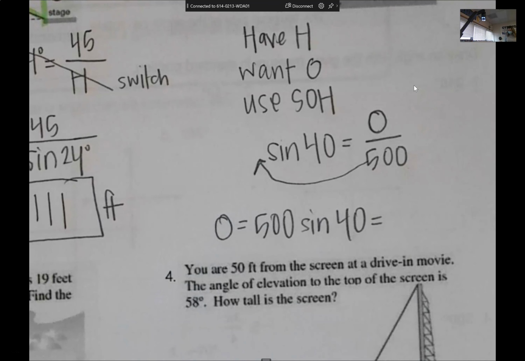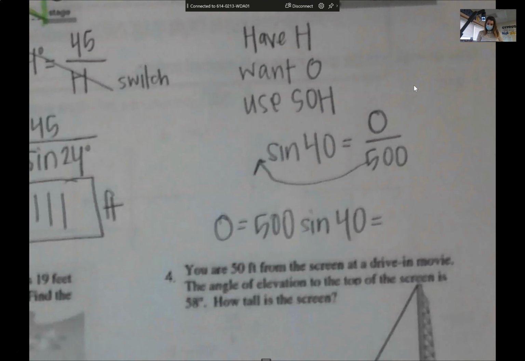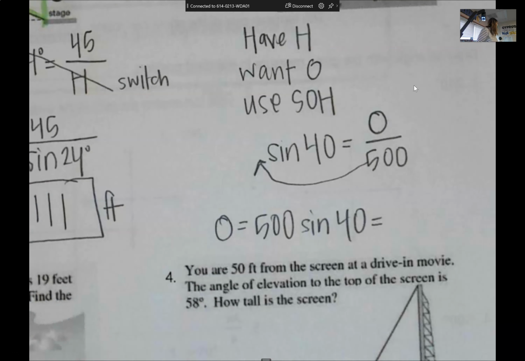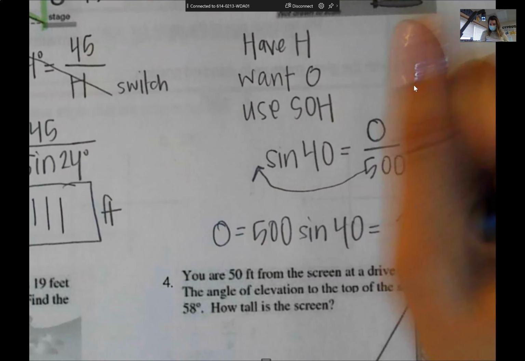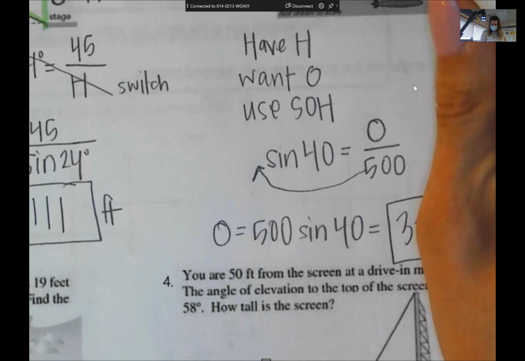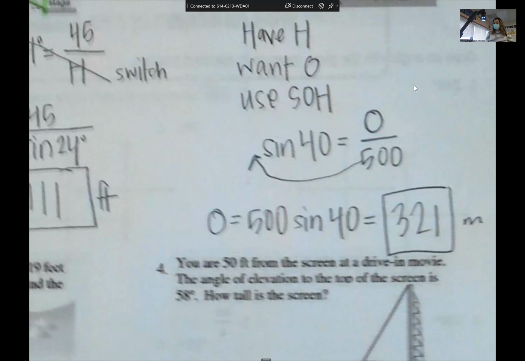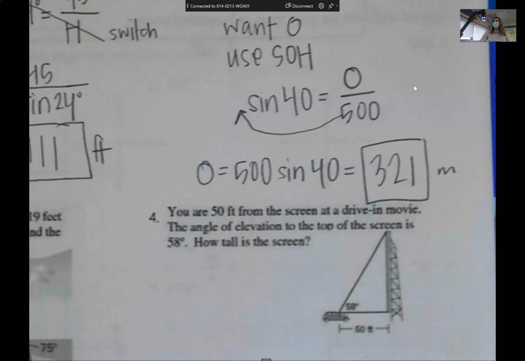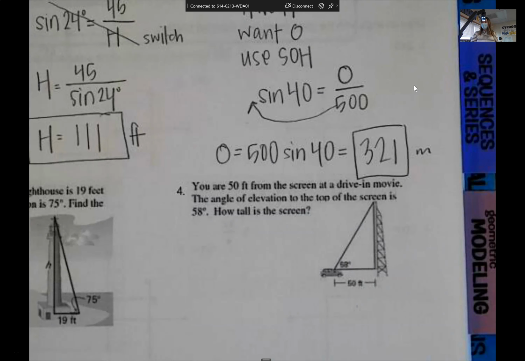Okay, I'm getting 321. Great. And that would be meters, but I'm writing my units outside the box just because I don't want you guys to have to worry if you write those letters in or not in Canvas.